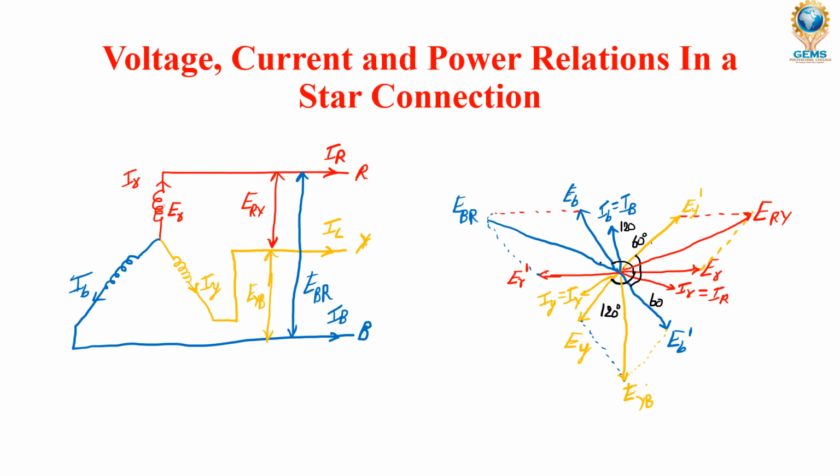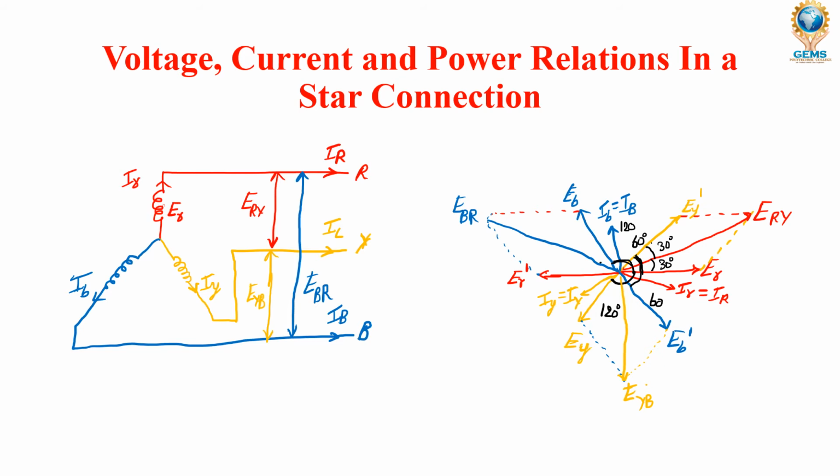If you see the angle here, this total 120 is split into half, it will become 60. 60 is split into half, then it will come 30 degree. This is 30 degree. You need to remember this.